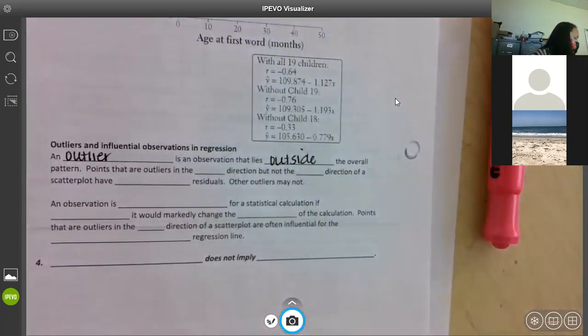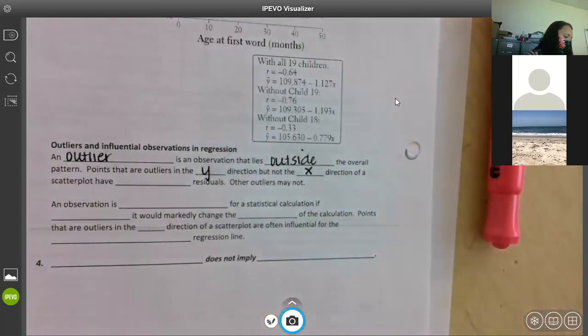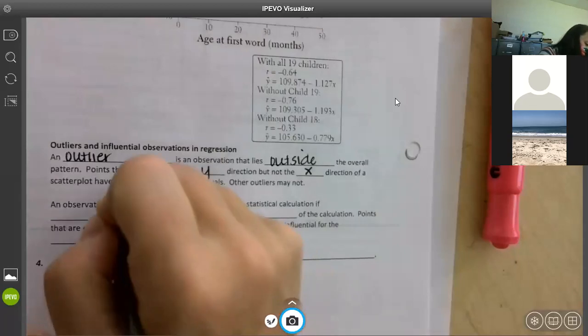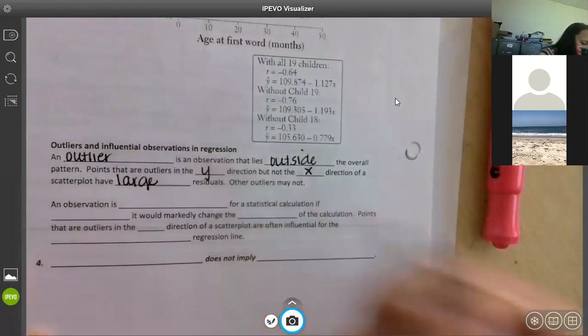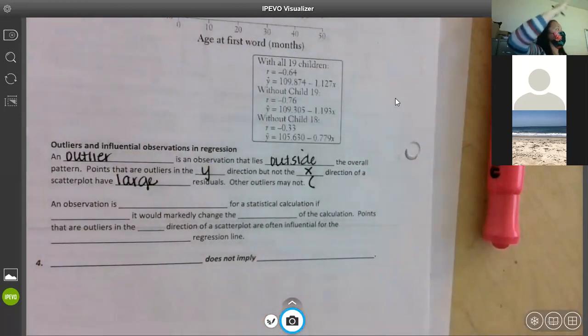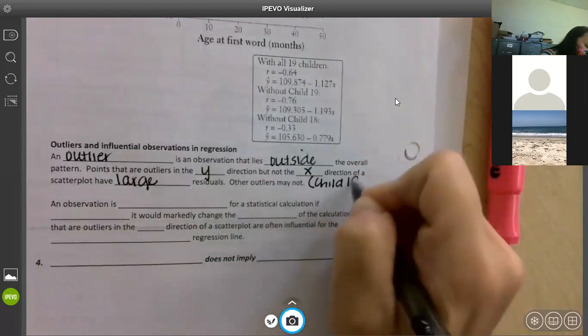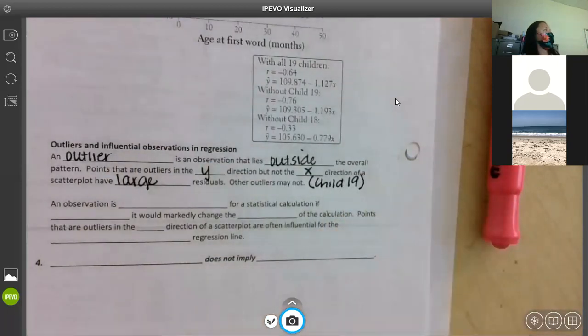Points that are outliers in the Y direction, but not the X direction of a scatter plot, have large residuals. Other outliers may not. In the Y direction means up and down. So this would be child 19 on the chart because he's a lot higher than everybody else. It's up instead of to the left or right.